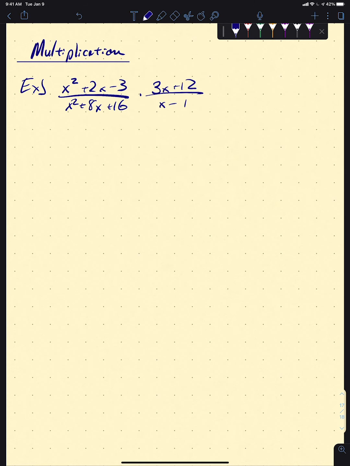We multiply, this times this and divide it by this times that. Before I do that, however, I'm actually going to factor as much as I can. This numerator here is going to factor to, it looks like x plus 3 and x minus 1. I can factor out a 3 here, so we get 3 times x plus 4.